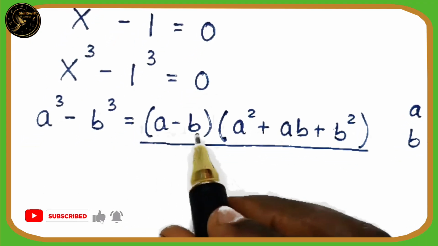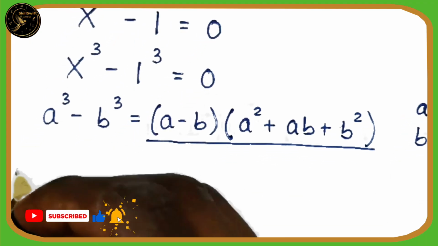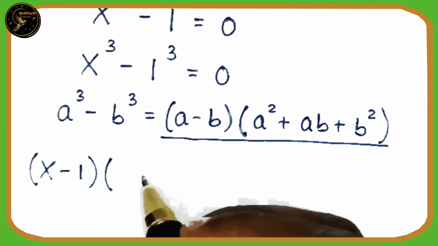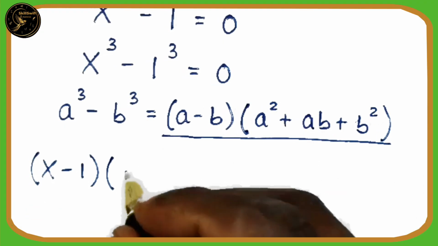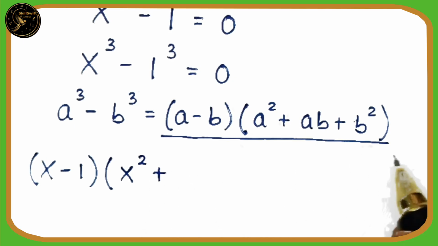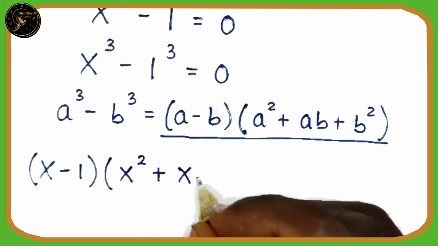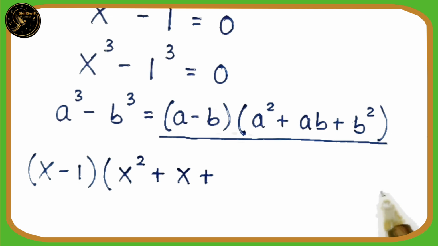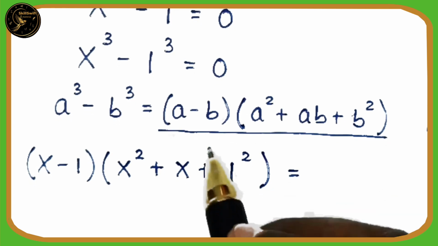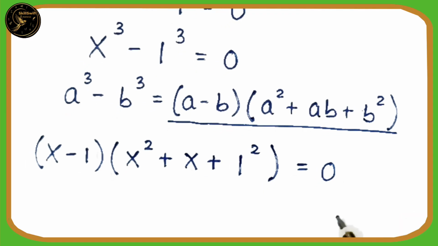So a minus b will be x minus 1, bracket, a squared will be x squared, then plus ab, which is x times 1, so x, plus b squared, which is 1 squared, bracket, is equal to 0.